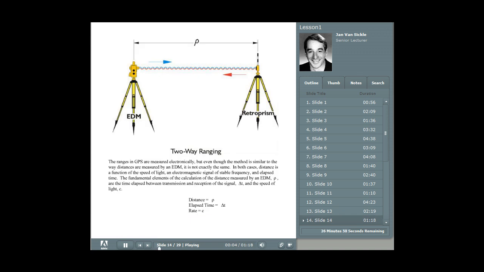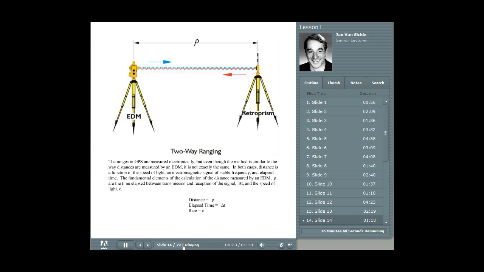Now perhaps is a good time to explain how ranging with electromagnetic signals works. It's convenient to talk about it in terms of an electronic distance measuring device. It's a good place to start in the explanation.